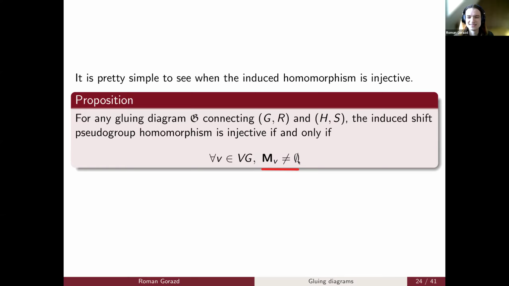That this is true, and it's clear that if some of the multisets are empty, then it must be non-injective, because whether we take this vertex or not, it doesn't make a difference.